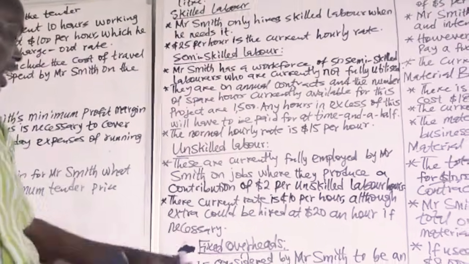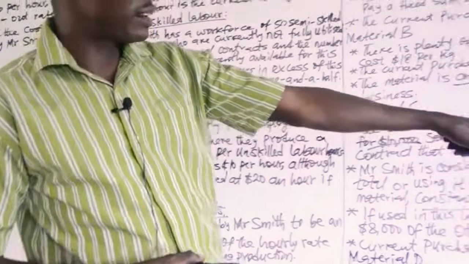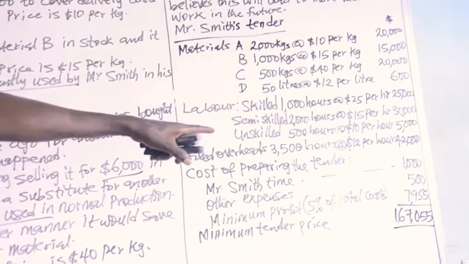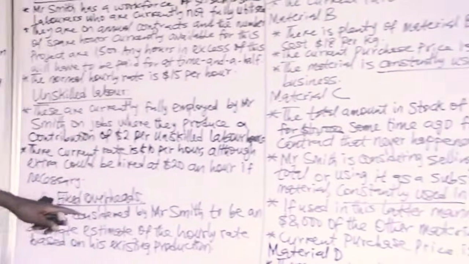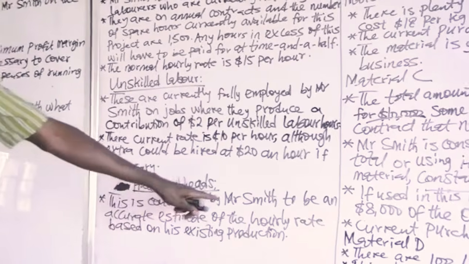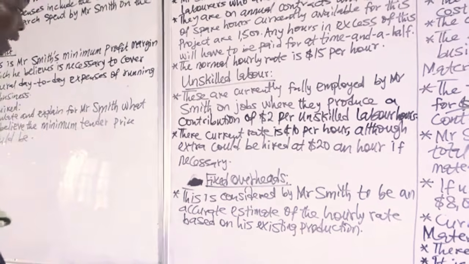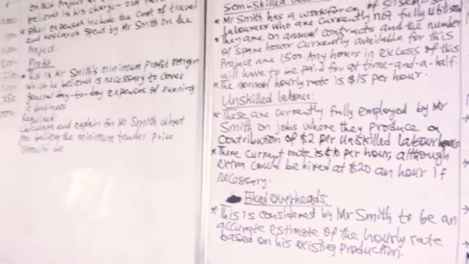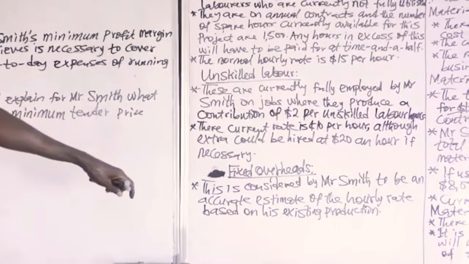Now, fixed overheads. If you look at the financial statement, fixed overhead is 3,500 hours at $12 per hour. Then if you go by the note, this is considered by Mr. Smith to be an accurate estimate of the hourly rate based on the existing production. So it's an estimate, it's not the real one.